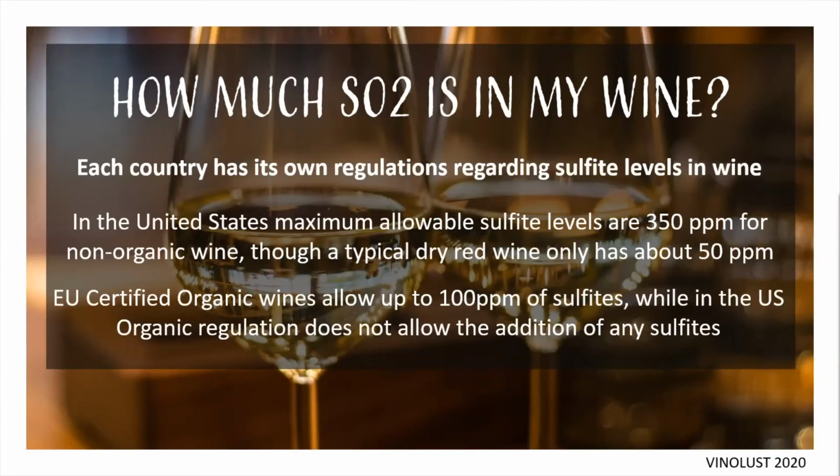If you're coming from the EU and it's an organic wine, you are allowed up to 100 parts per million of sulfites, and that can include added or organic sulfites. In the US, the organic regulation says you can't add any sulfites, but as we talked about, there are going to be naturally occurring sulfites there whether or not you're adding them. So there will still be some level of sulfites in the wine.